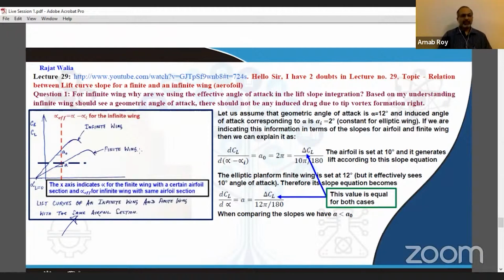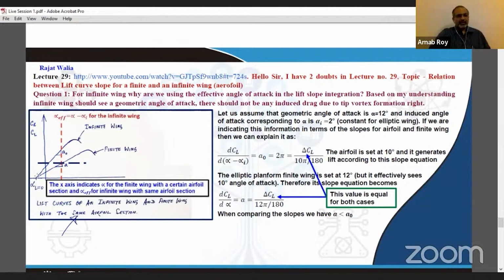We are marking it this way that x-axis basically carries information about the alpha as far as the finite wing is concerned, while it is the alpha effective for infinite wing with the same airfoil section. But here, alpha effective has to be interpreted in connection with the finite wing, and that is where the catch lies. We have to understand that part.